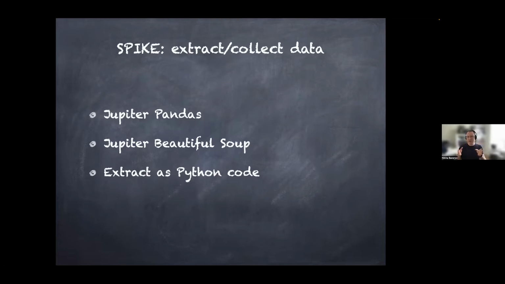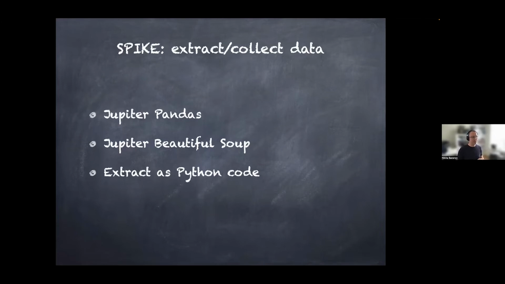Typically it's a time-bound activity for a team member to go explore. At this point, it doesn't matter how messy it is or what tools you use; the main goal is just to collect knowledge. So I started to do this spike for data extraction, since that's the crucial point.